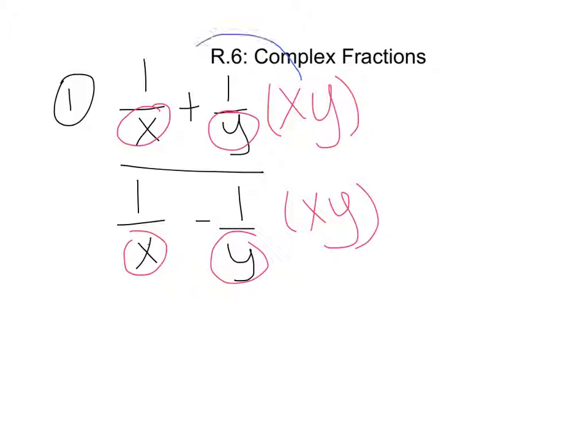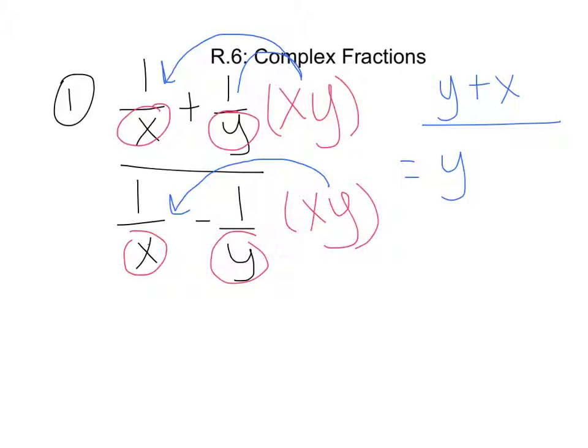So when I go and multiply 1 over x times xy, I'm going to be left with just a y on top. When I multiply x times y times 1 over y, I'm going to be left with just an x, divided by, on the bottom, when I distribute this xy to that 1 over x there, I just have a y on top.